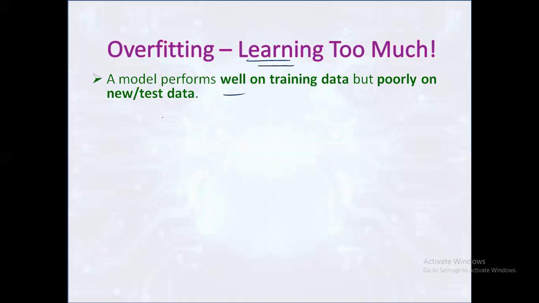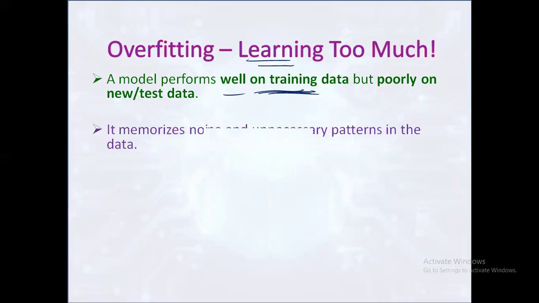Overfitting occurs when a machine learning model performs well on training data but fails on new or test data. This means the model has not generalized well and instead learned patterns specific to the training set.